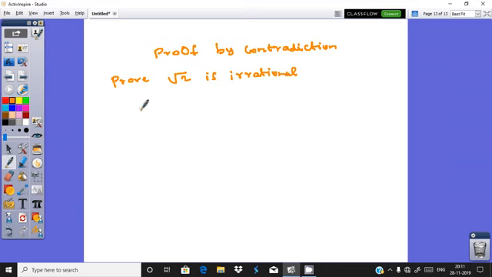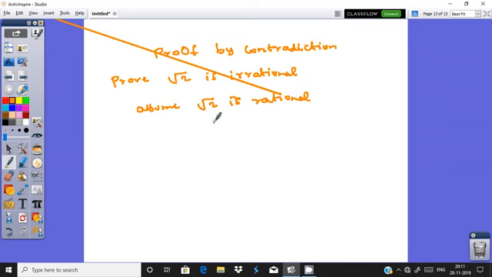So you first assume that root 2 is rational. So I write root 2 is equal to a by b.